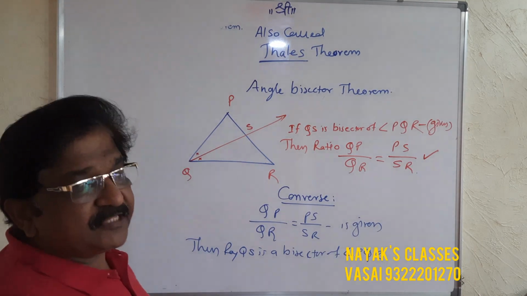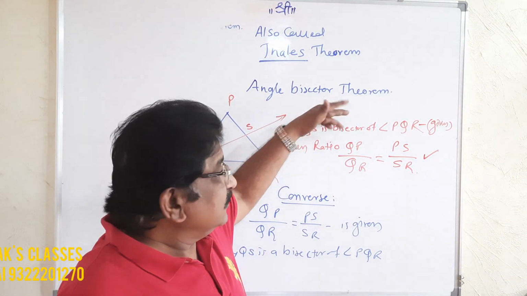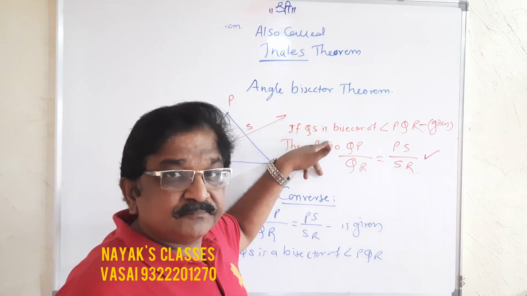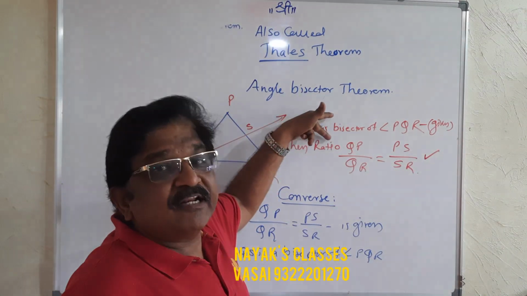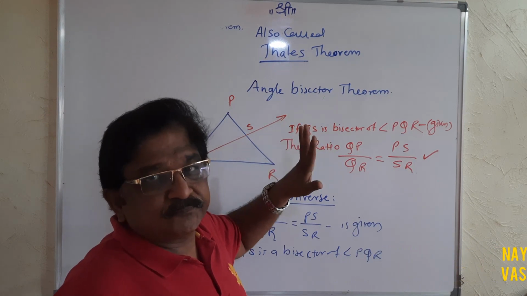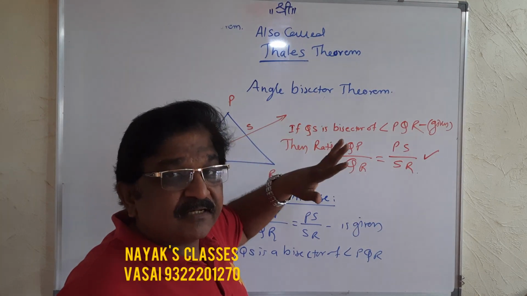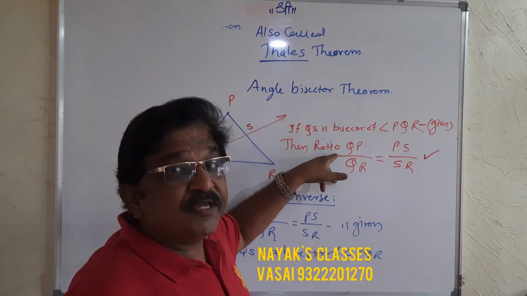So simply we can say, if the given ray is a bisector, the ratio is equal.